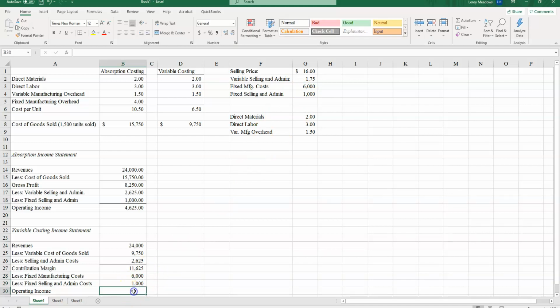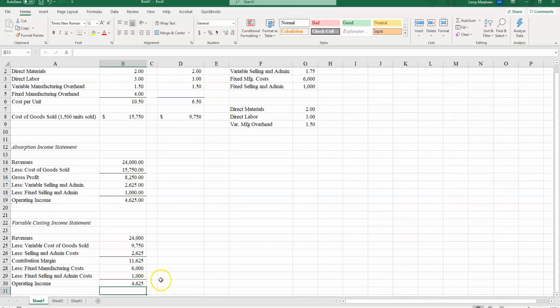So what is my operating income? It's going to be my contribution margin minus my fixed manufacturing costs minus my fixed selling and administrative costs. And I'm going to get $4,625 as well here.